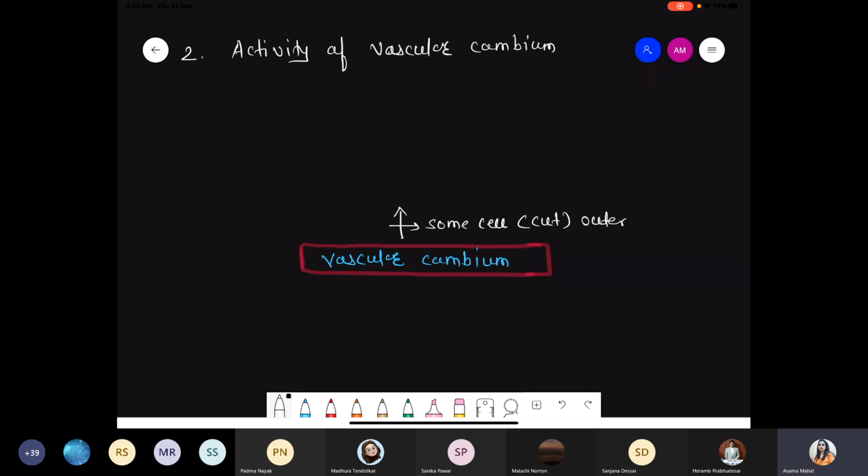Cut means they get differentiated, redifferentiated. So toward the outer side they form secondary phloem.